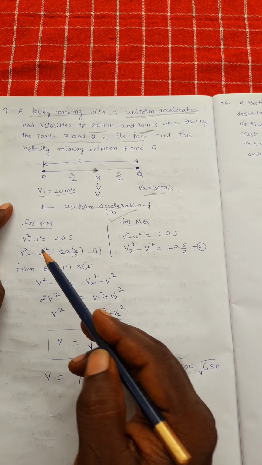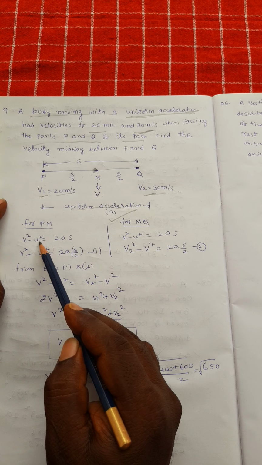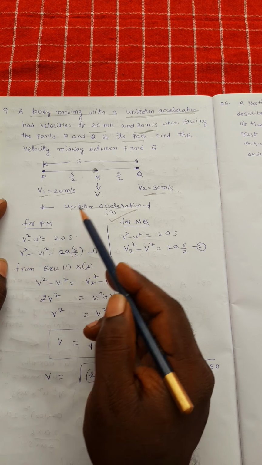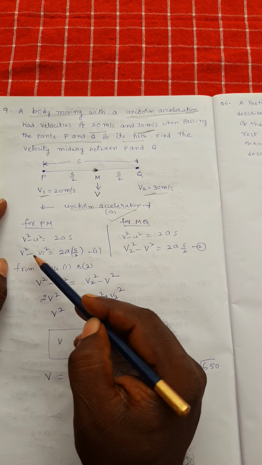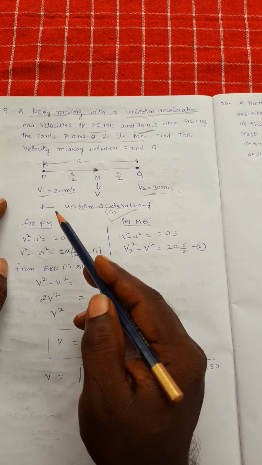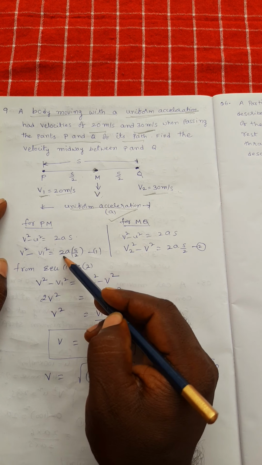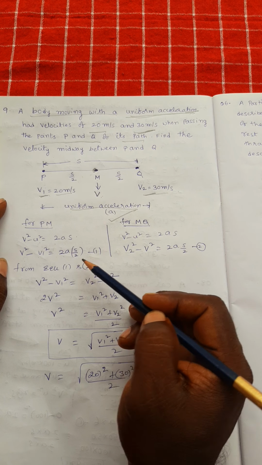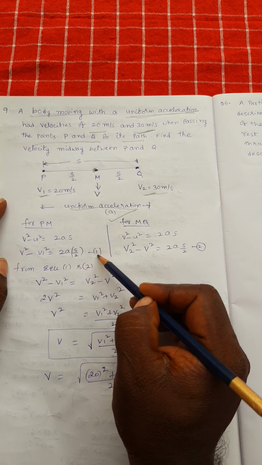We can use the third kinematical equation: V square minus U square is equal to 2as. So V is the final velocity, V square minus, in the case of PM, initial velocity V1 square equals 2a, the distance between them is S by 2. Consider this as equation number 1.